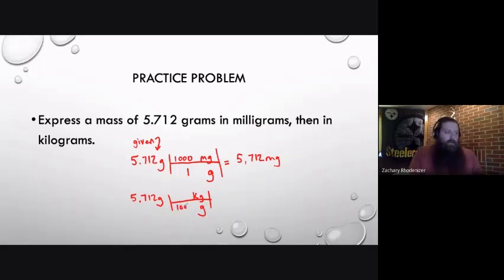I know that there are 1,000 grams in a kilogram. So now I'm dividing. And again, there's 3 zeros here. I need to move my decimal 3 places to the left. So 0.005712 kilograms. So I draw it with the brackets. If you're putting it in a calculator, it might have those parentheses. But either way, you get the right answer.